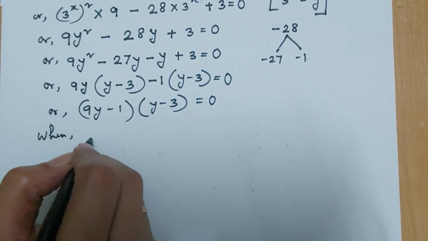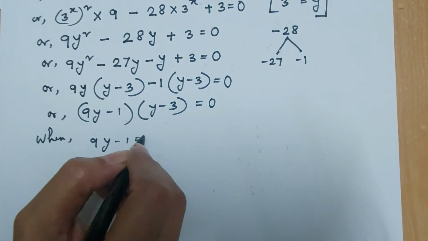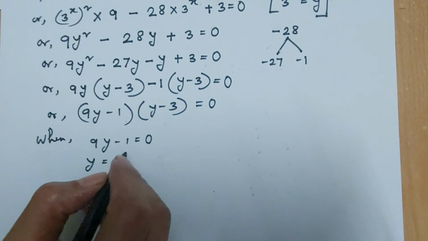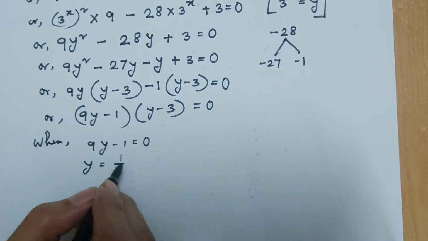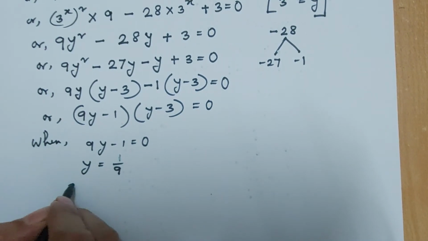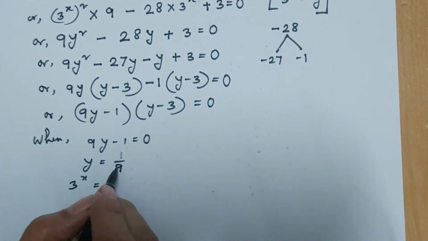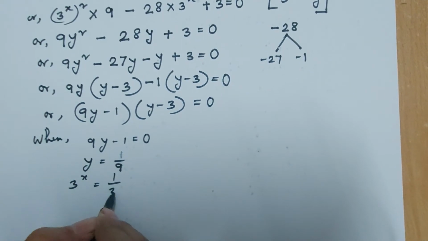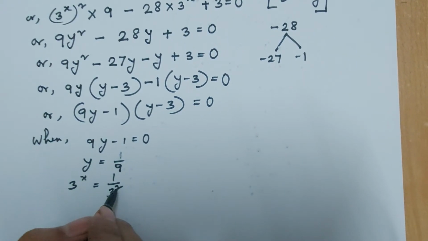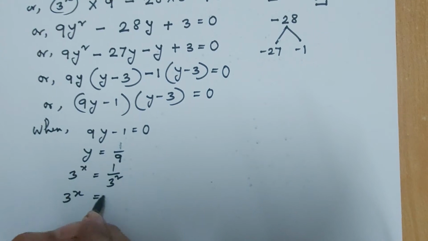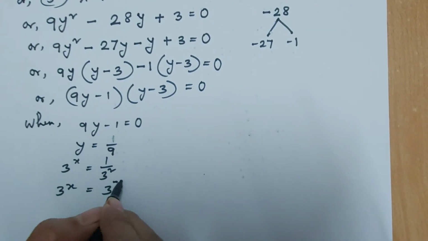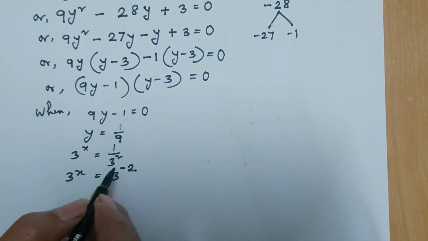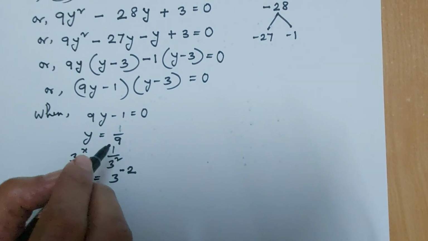So when 9y minus 1 equal to 0, then y equal to 1 by 9. We know y equal to 3 power x, so 3 power x equal to 1 by 3 square. So 3 power x equal to 3 power negative 2, because it is 1 by 3 square.